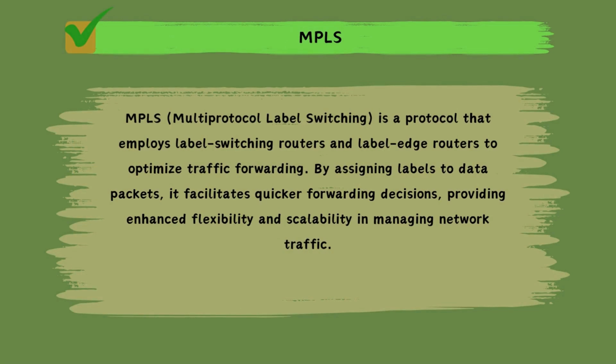MPLS, multi-protocol label switching, is a protocol that employs label switching routers and label edge routers to optimize traffic forwarding. By assigning labels to data packets, it facilitates quicker forwarding decisions, providing enhanced flexibility and scalability in managing network traffic.